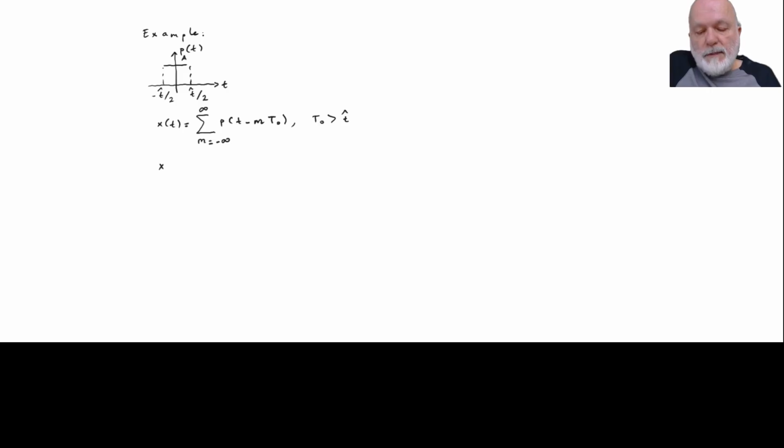So x of t will have a Fourier series representation, and the Fourier coefficients, we have obtained this expression in another video, are a_k equals A t cap over T0 sinc of k t cap over T0.